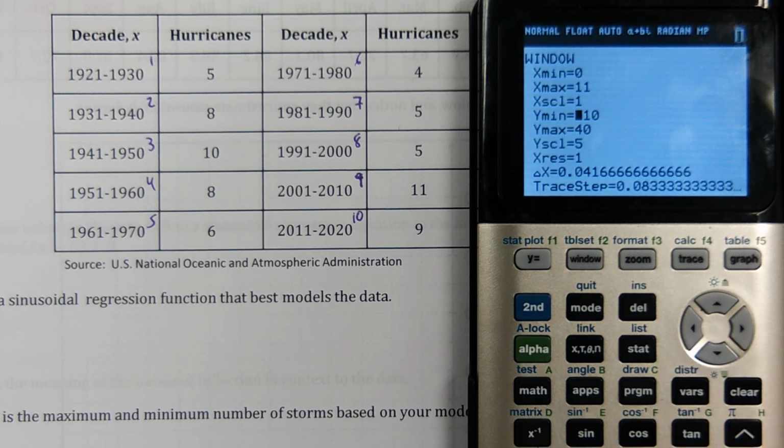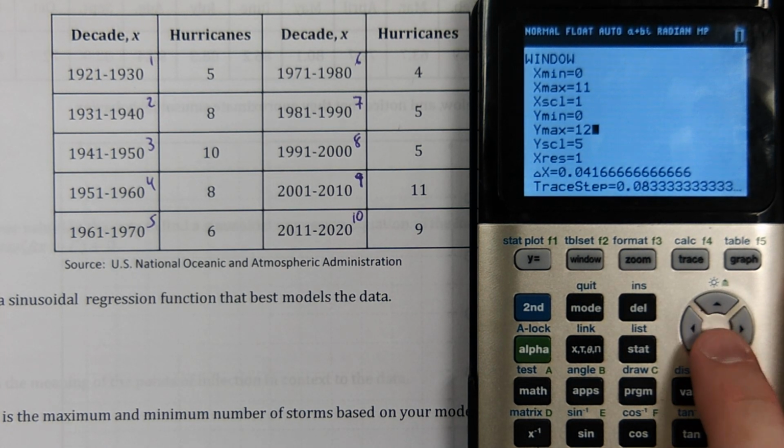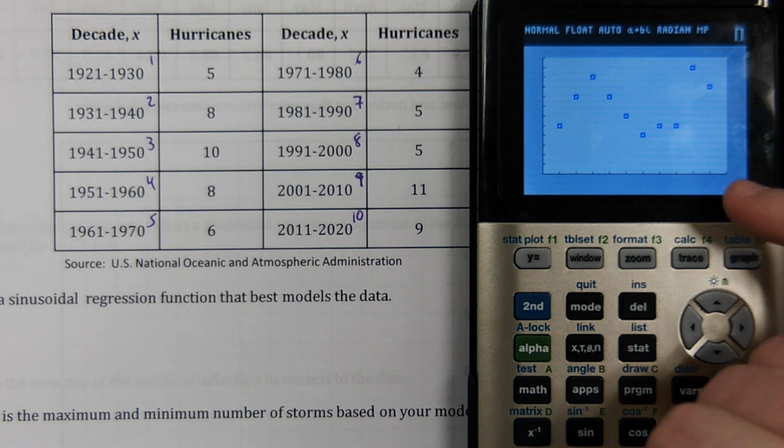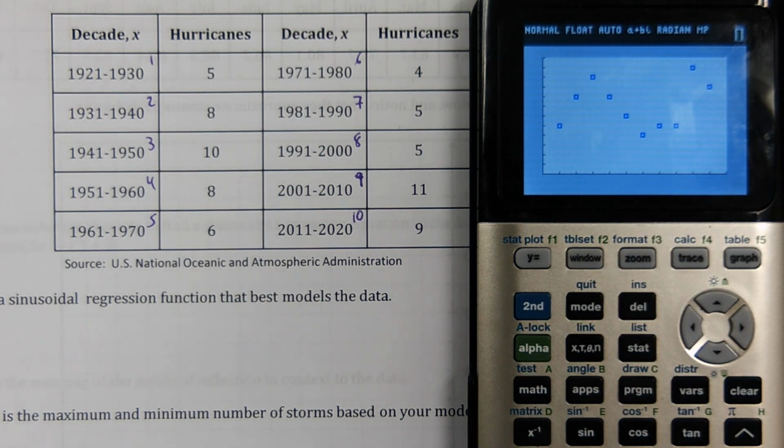So let's go from 0 to 12. How's that sound? Okay. It's not terribly sinusoidal, is it? I feel like if this dot was higher, it would be better. But whatever. We're being asked to find a sinusoidal regression function that best models the data. We're going to do our best with this one, okay?